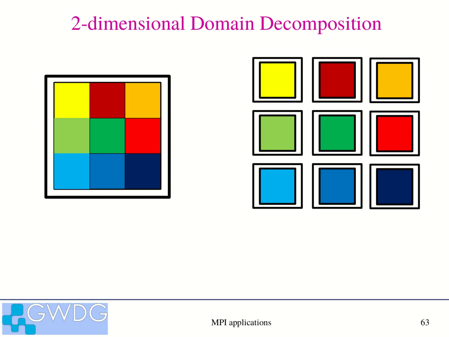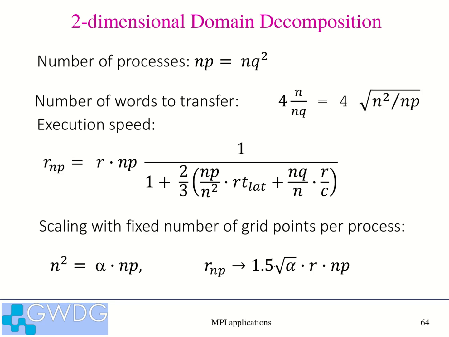So you have 4 transfers, but each transfer involves not n elements, but only n over nq elements, the square root of np, which is n square over square root of n square over np.